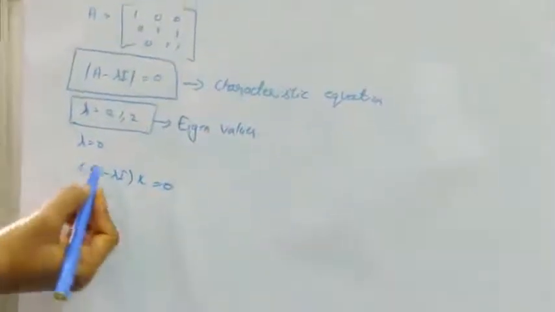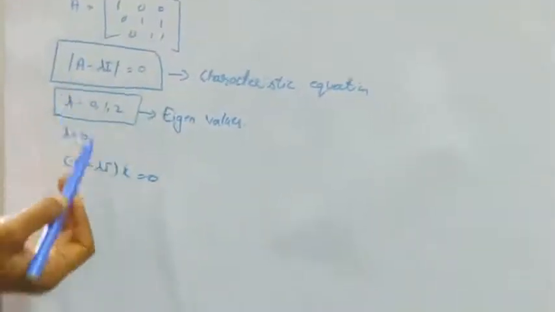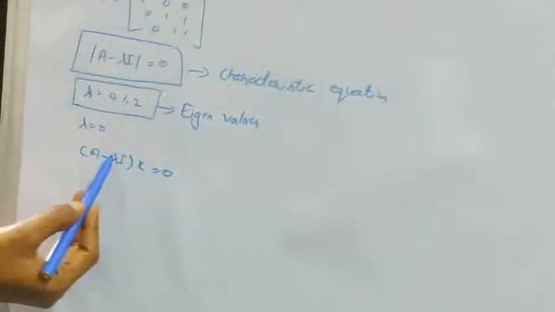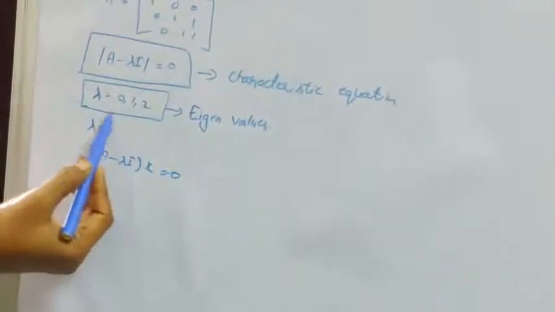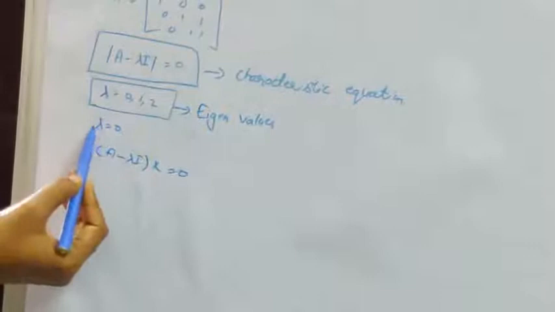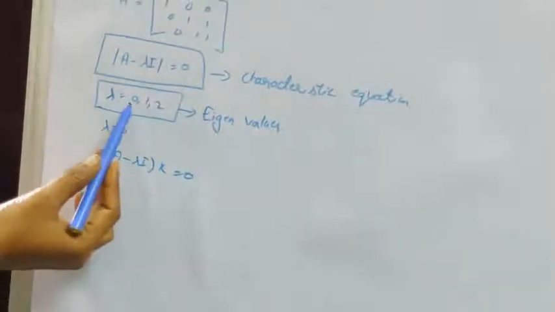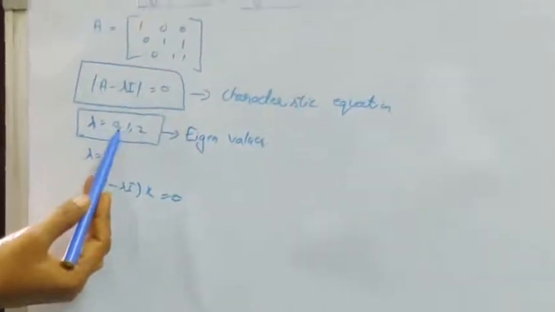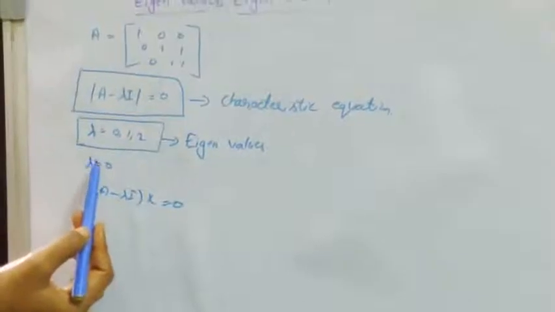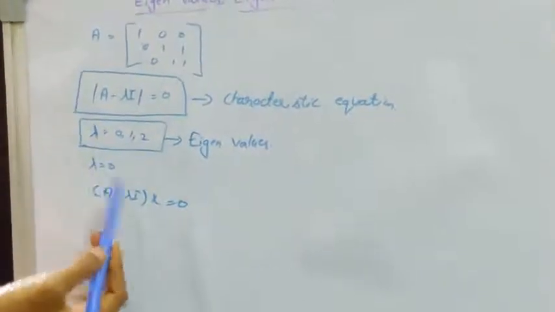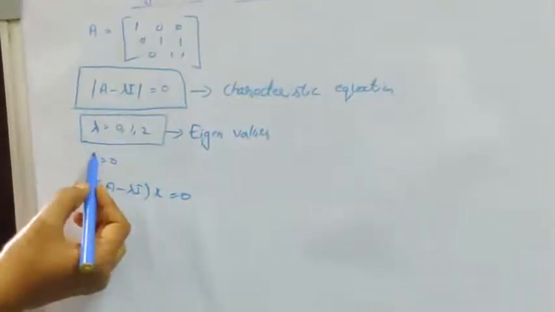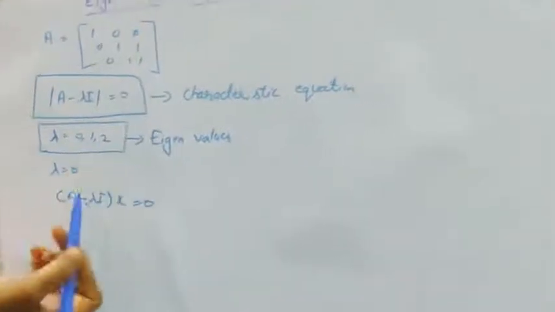Now here you are not supposed to keep lambda like that. Already we have derived the values of lambda, the scalar values 0, 1, 2.